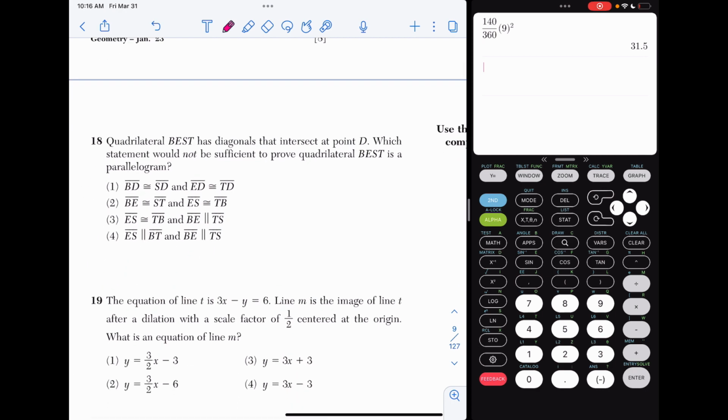Number 18, quadrilateral BEST has diagonals that intersect at D. Which statement would not be sufficient to prove quadrilateral BEST is a parallelogram? This is a tough question because we are not even given a picture to start off. So I'm going to just draw a four-sided shape.